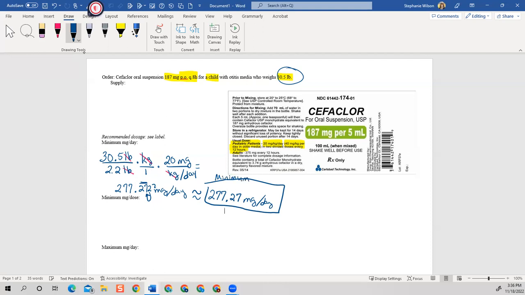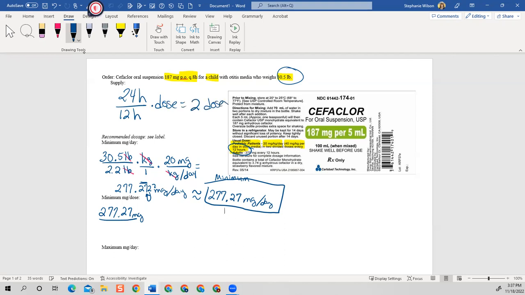My apologies, there's a spot for the minimum per dose right underneath that. So let's solve for the minimum per dose. I'm going to take 277.27 milligrams per day and figure out how many doses that is. The label says every 12 hours, so in a 24-hour period, 12 hours happens 2 times.